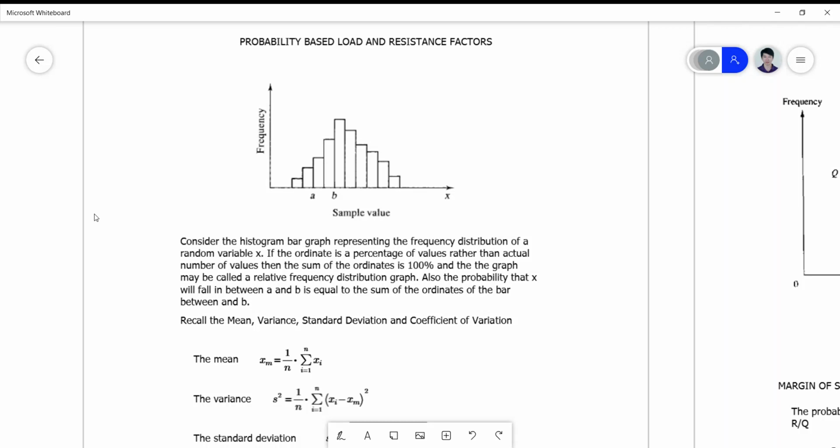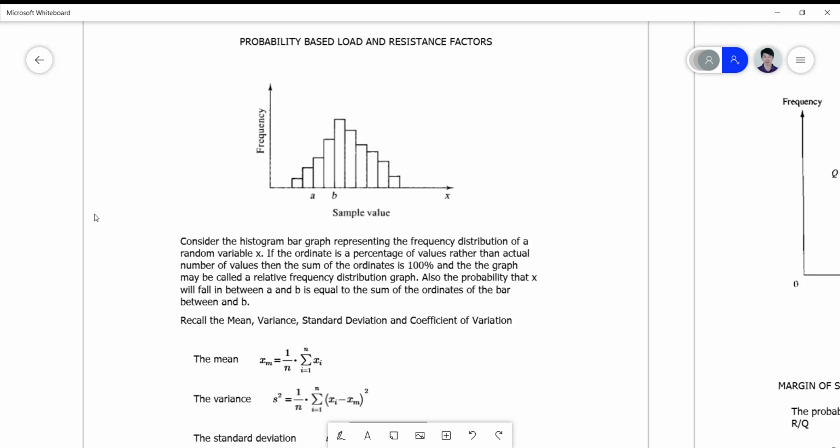So this is only a short explanation of how your margin of safety or factor of safety is statistically measured and created, derived using probability-based procedures.